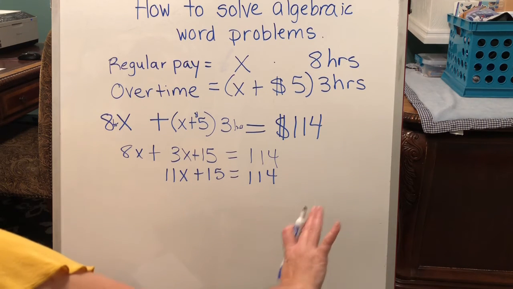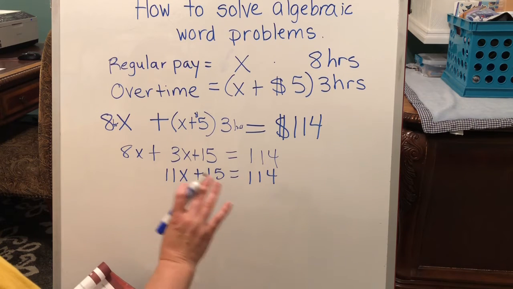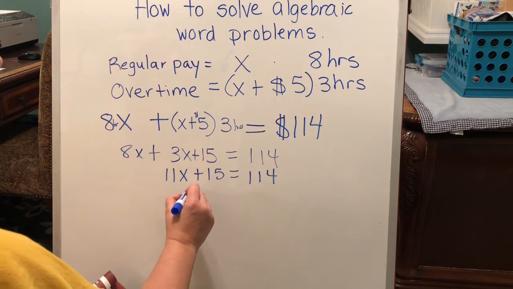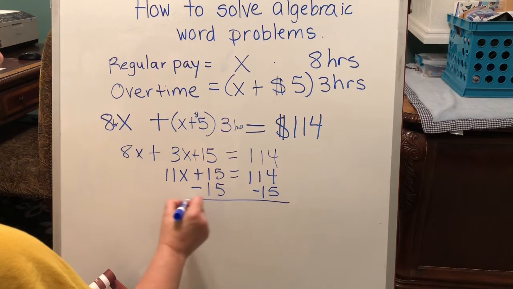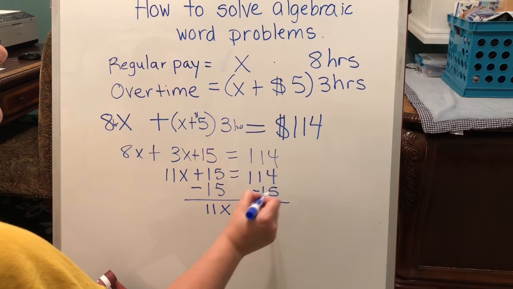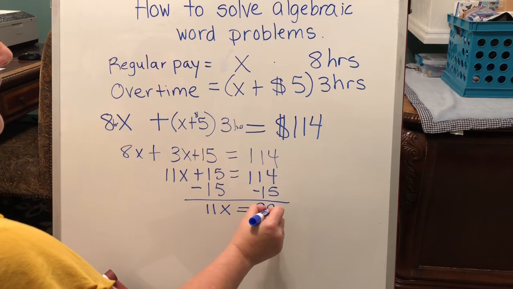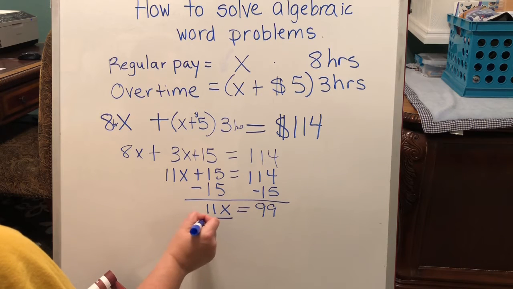Now we're still trying to push everything away from the x and get x alone, so we end up with x equals something. Minus 15, minus 15. And now we have 11x equals 99. 11x, divide by 11.